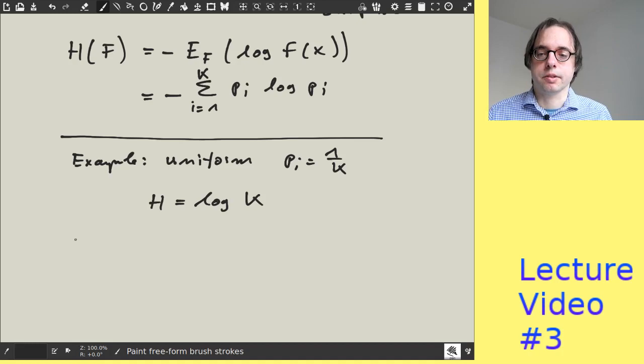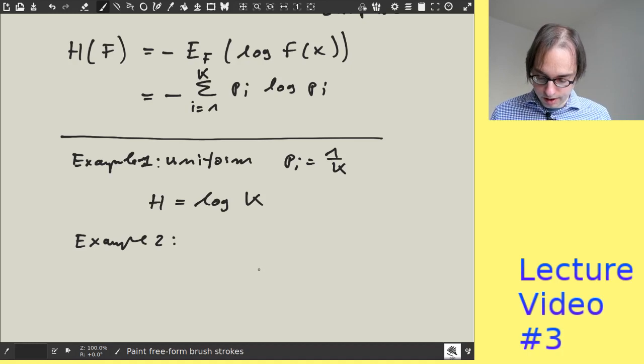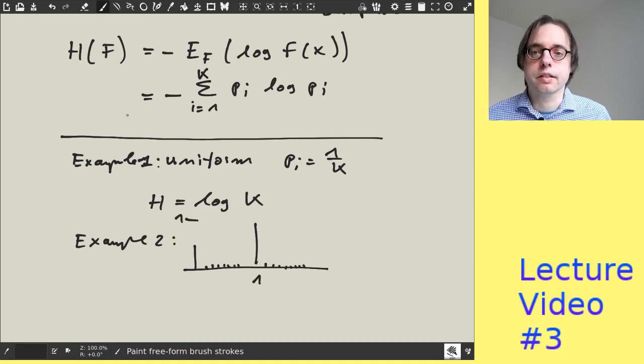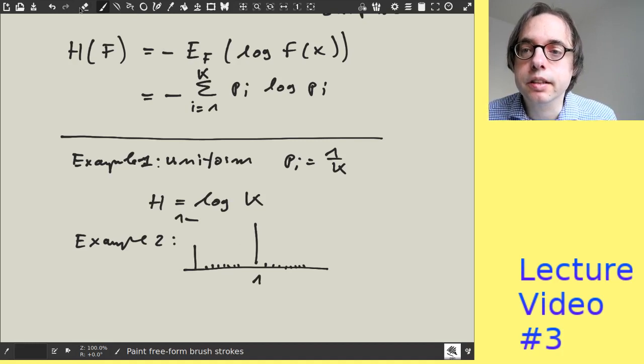So this is example 1. Example 2. We say we have a distribution that looks like this. So this is our probability mass. We have 0, 0, 0, 0, and then one peak, and then 0, 0, 0. So these are all our possible events, and here we have the 1.